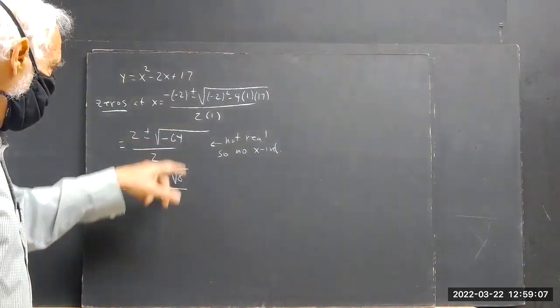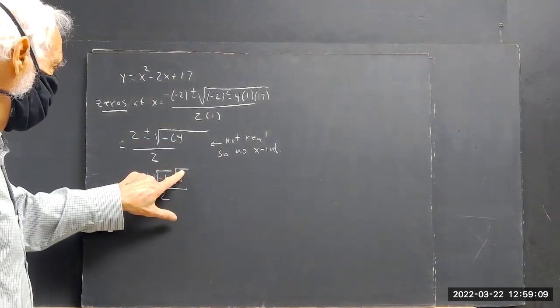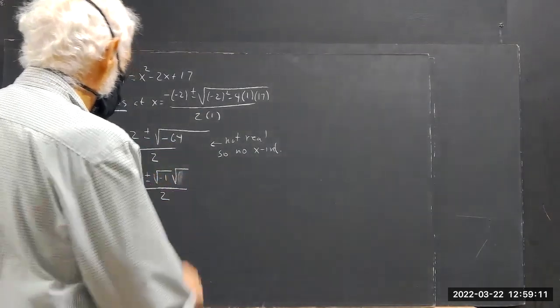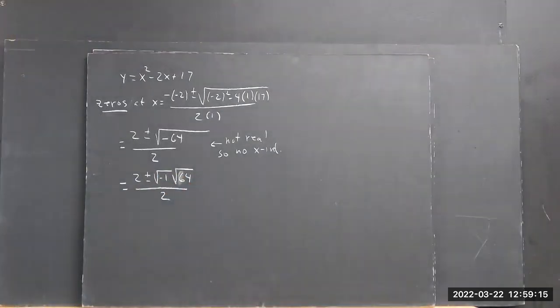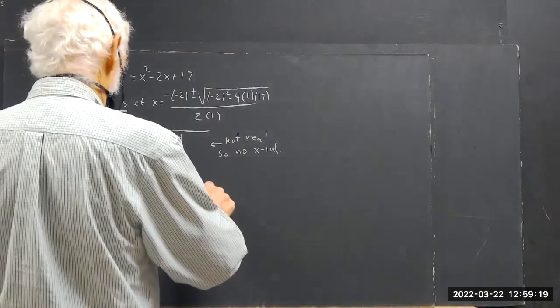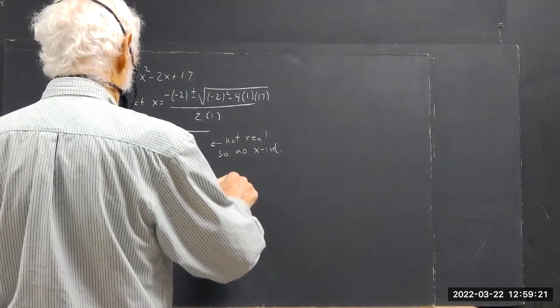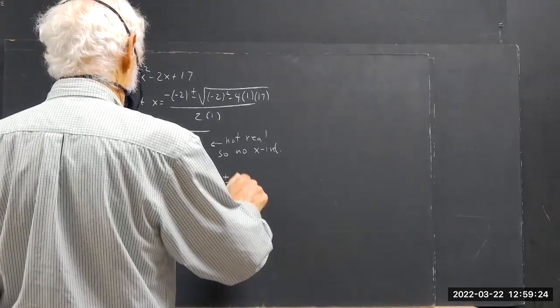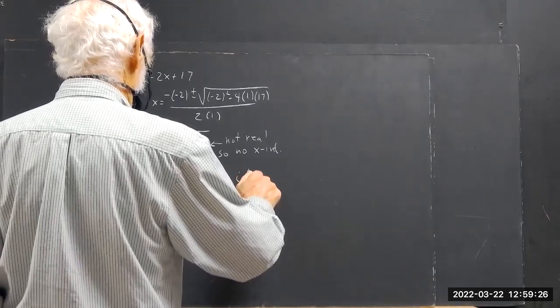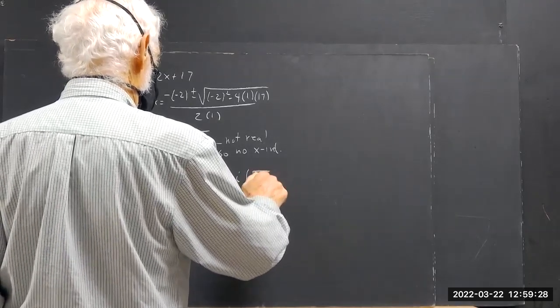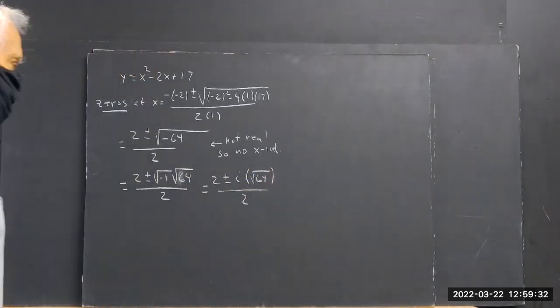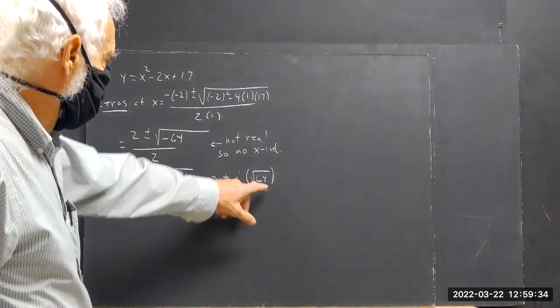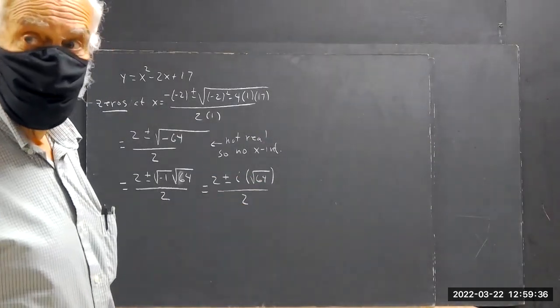Negative 64 is negative 1 times 64. That's 2 plus or minus i times the square root of 64, divided by 2.